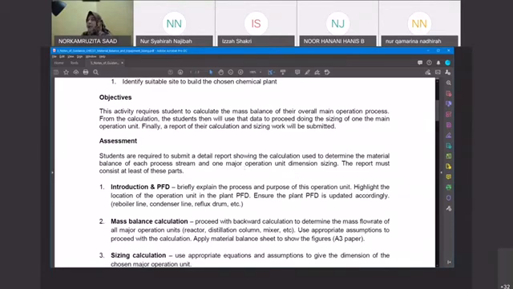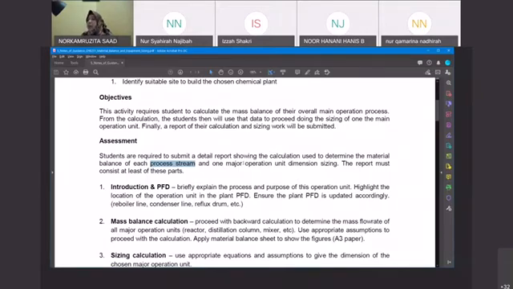The report should show the calculation used to determine the material balance of each process stream and the dimension sizing of one major operation unit. So when you choose your equipment, there must be a major stream involved, which includes the inlet to the equipment and the outlet from the equipment.